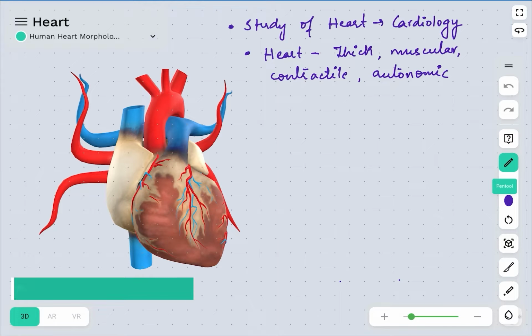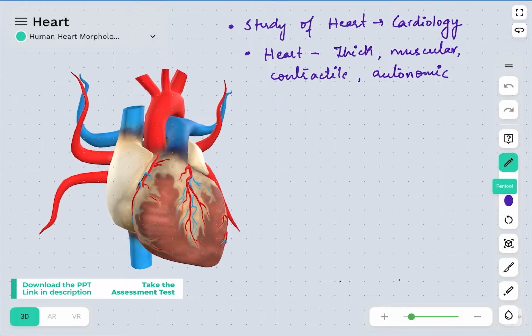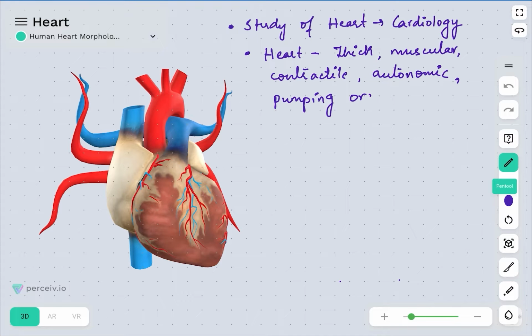So it is not dependent on the control of any other organs of the body. The heartbeat process starts in its own way. It is not dependent on the instructions of the nervous system. That's why it is autonomic, that means self-regulatory. So autonomic, and it is a pumping organ.